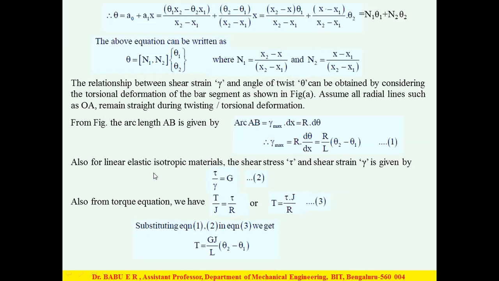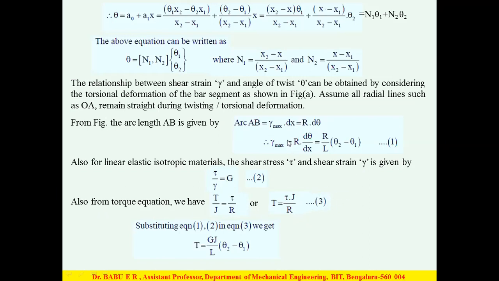Also, for linear elastic isotropic materials, the shear stress tau and shear strain nu are related by tau by nu, which is nothing but the modulus of rigidity, called equation number 2. Also from the torque equation, we have T by J equals tau by R, or on rearranging, T equals tau into J by R, called equation number 3.